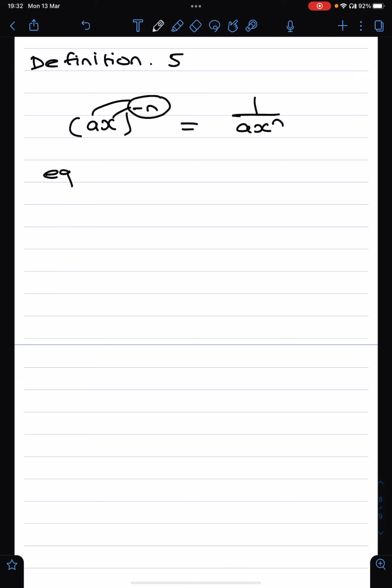An example: if I have 3x to the power of negative 4, this then becomes 1 over 3x to the 4.